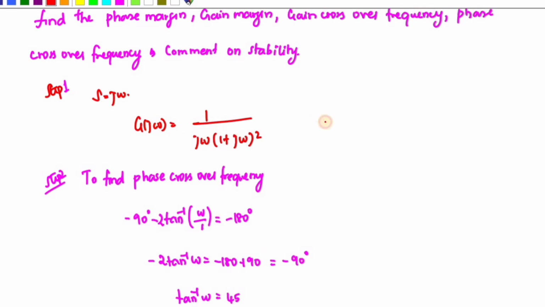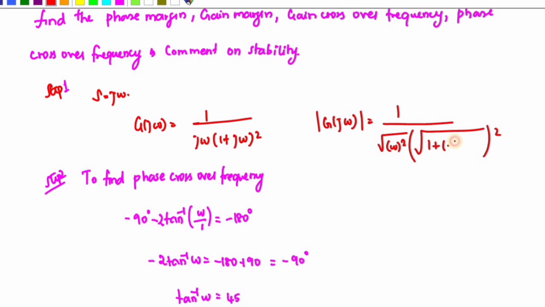So how to find the magnitude of this one? The magnitude is equal to 1 divided by the root of the imaginary term square plus real term square. The imaginary term square is omega square, into the root of (1 plus omega square).